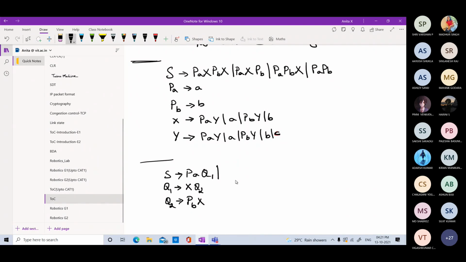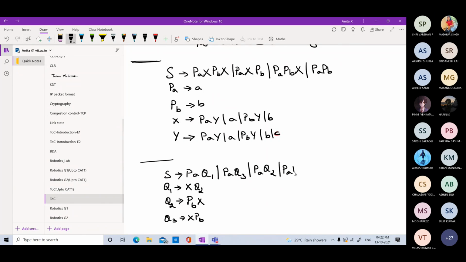I should introduce a new non-terminal. Oh, sorry, P X P B, right? So let me introduce Q3 for X P B. So Q3, and P X Q2.